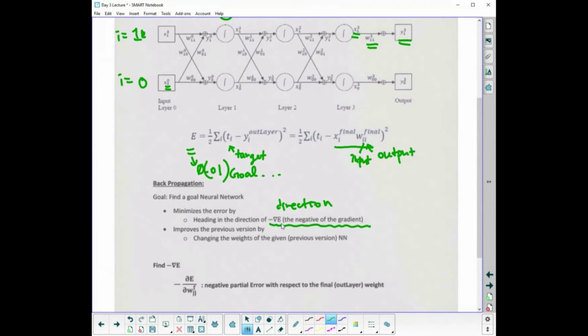Then by using this direction toward each weight, by calculating this, we are going to improve each weight. So we are going to change it.